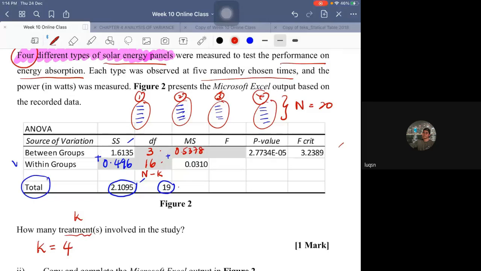And then from those values, I can find what is going to be the critical value. All I have to do is again to divide. So I'm going to have the mean square for between, divided by the mean square for the within. So what is going to be the F value?